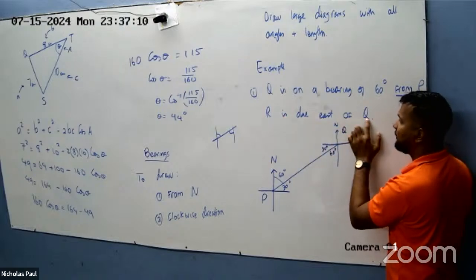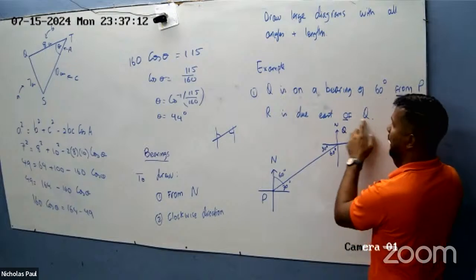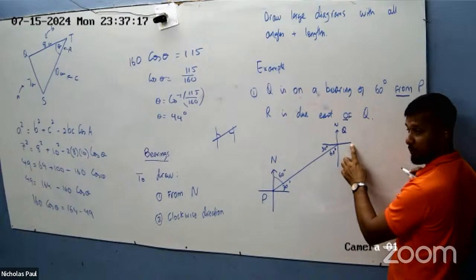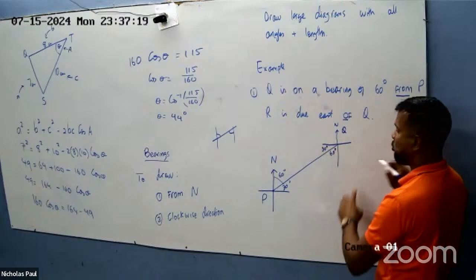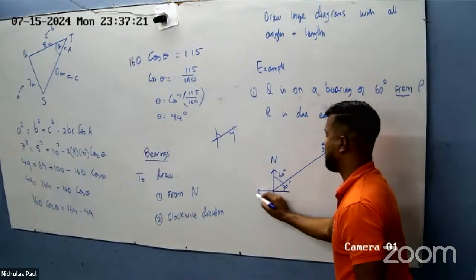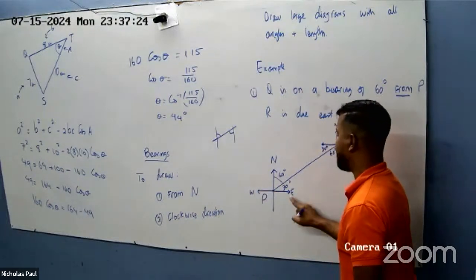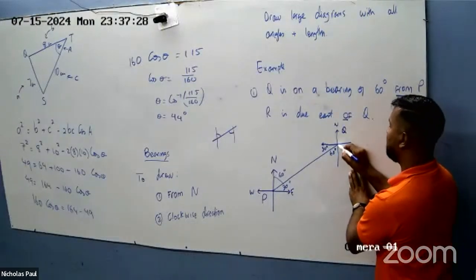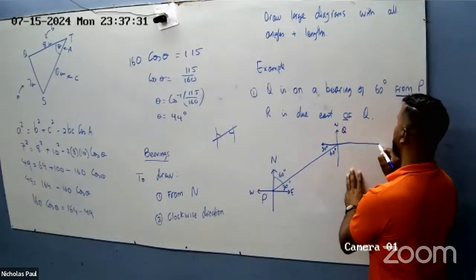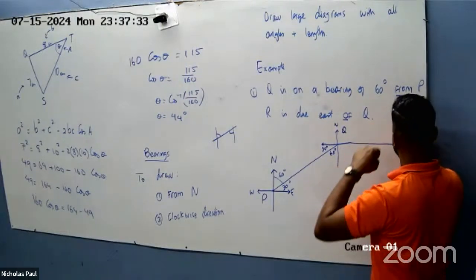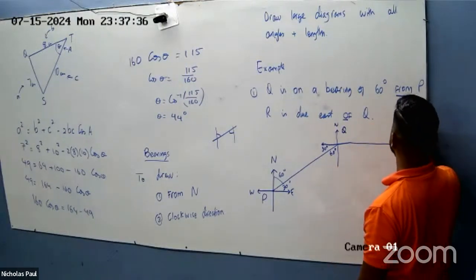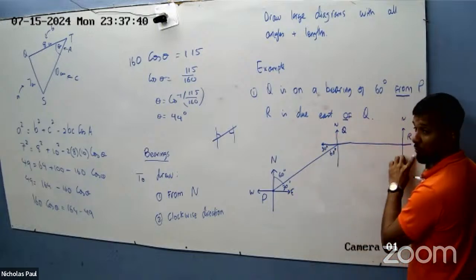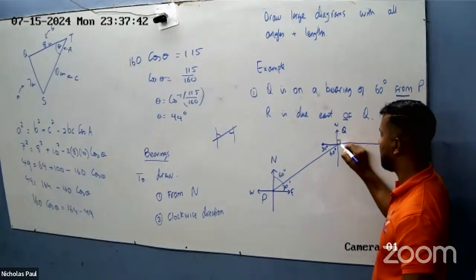'Of Q' tells us that we're starting at Q and then we go to R, which is east. Here is north, here is east. Remember, here's west, but here's east, right? So now they said due east. So you're coming on this line and you're going eastwards to the point R. So we have P, Q, and now we reach R. What's the angle here? 90.